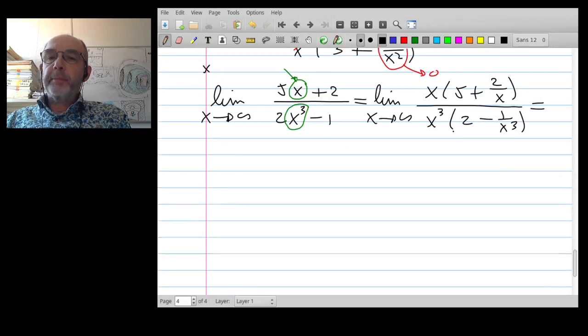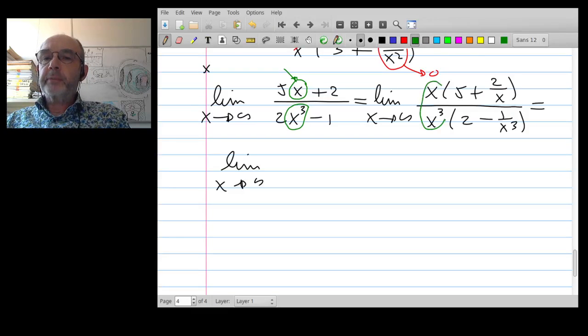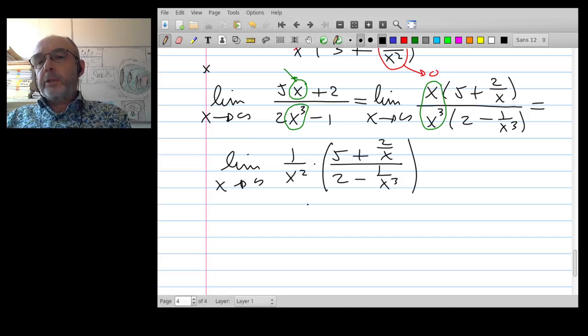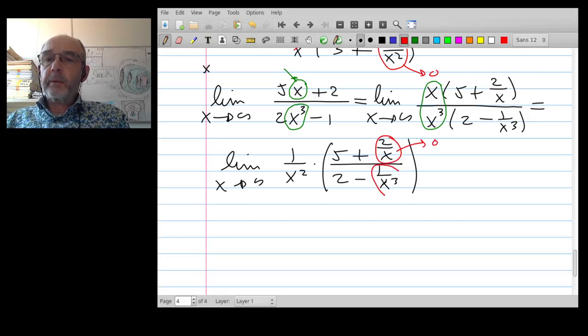Now, what happens? We can write it again. I look to this term here and I see I have 1 divided by x squared, and the other one I just keep as it is, no problems. I am not dividing by 0 or something like that. And so let x go to infinity. What do you see? The 2 divided by x goes to 0. The 1 divided by x to the power of 3 goes to 0.